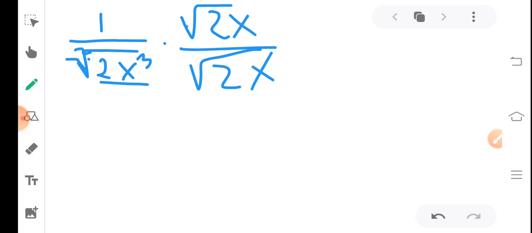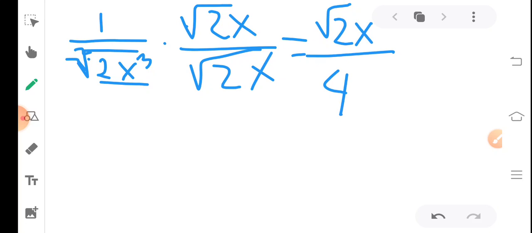So let's continue. 1 times the square root of 2x is the square root of 2x, over the square root of 2x cubed times the square root of 2x, which is 4x cubed. So you have to add the exponents: 3 plus 1 is 4.